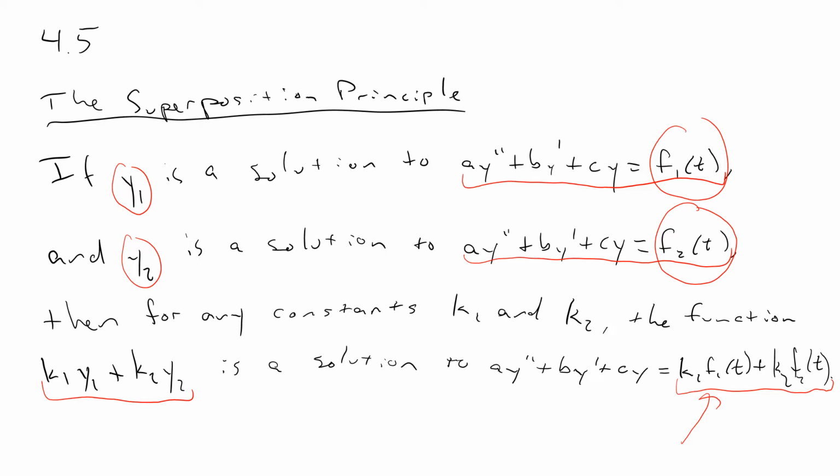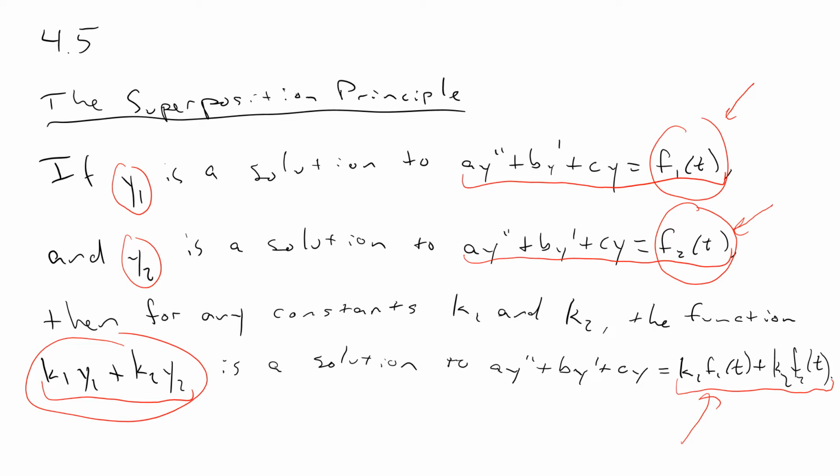So if I don't want to solve this uglier equation down at the bottom, let's simplify things. First, solve this simpler equation up at the top, where the right hand side just involves f1, and then solve this other equation where the right hand side only involves f2. If I can find solutions to those two equations, then I can really easily write down the solution to my ugly equation by doing the combination of my easier solutions.